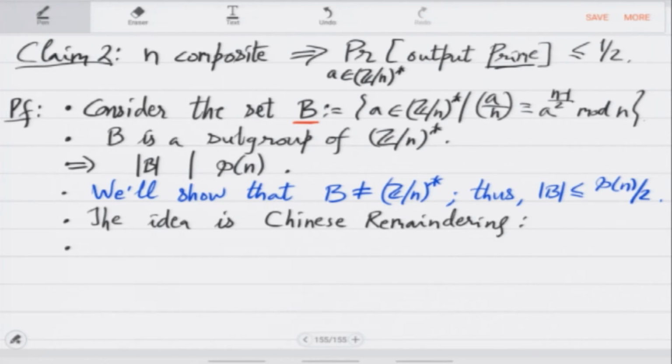We'll do two things. First, we'll show that n is square free, and then second is we'll do Chinese remaindering.